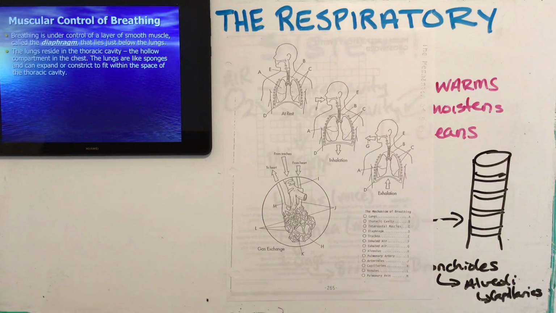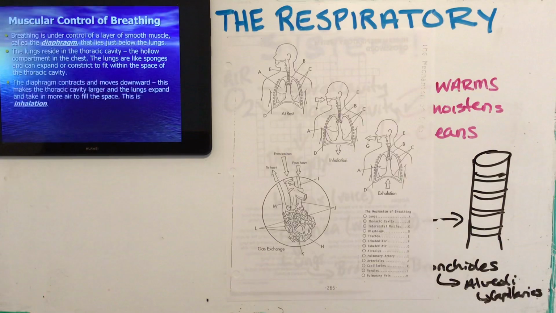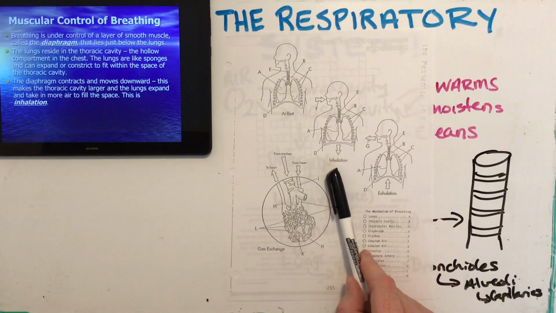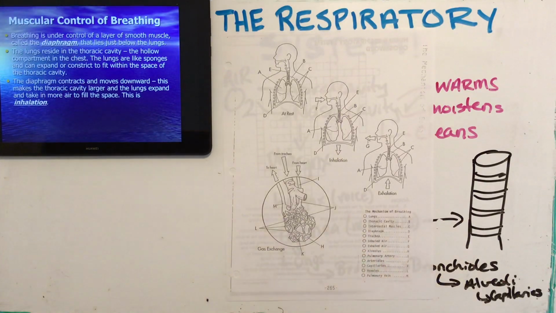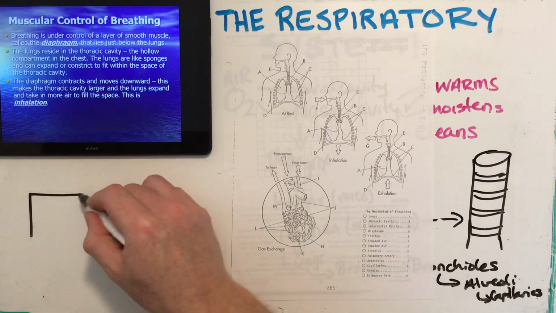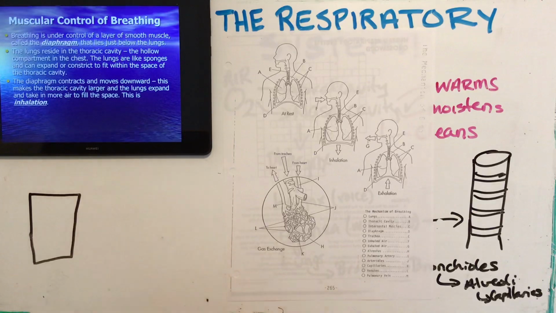So what happens is the diaphragm contracts, which means it squeezes, right? And when it does that, it moves down. We can see that here. And when the diaphragm moves down, think about it this way. There's my chest cavity.